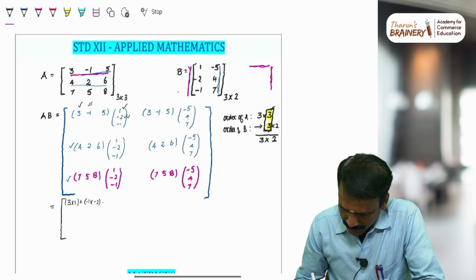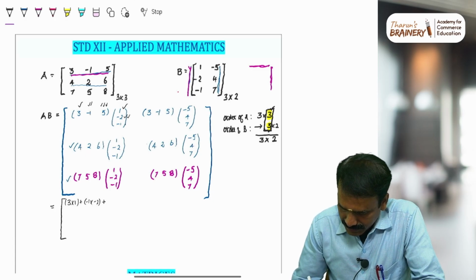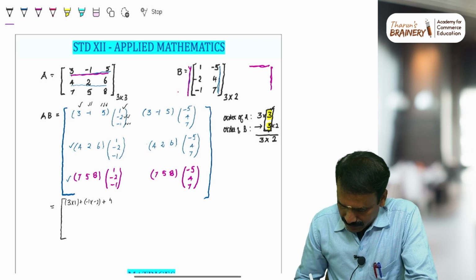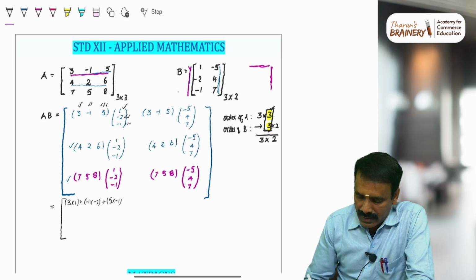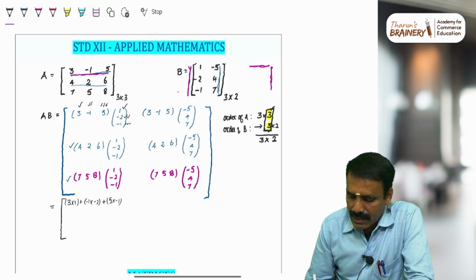Then third element is multiplied with third element. So 5 is multiplied with minus 1. So this corresponds to a single element. Okay. After finding the product, we have to find this sum.